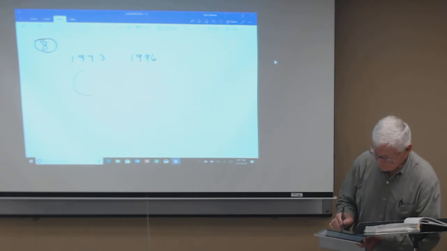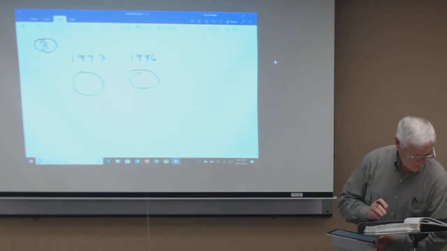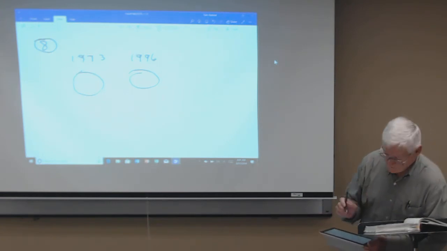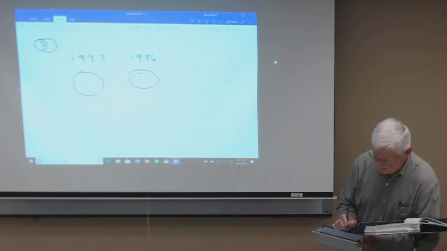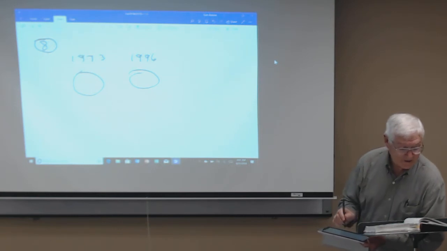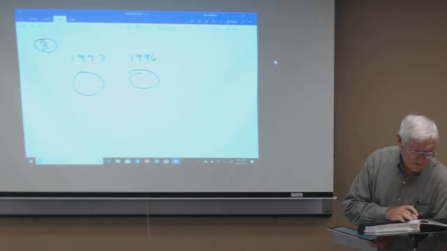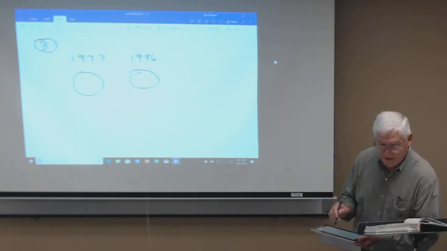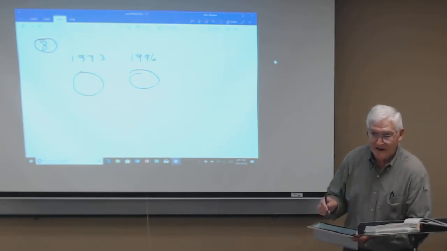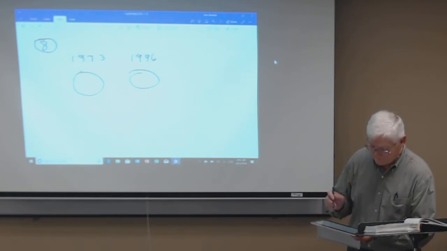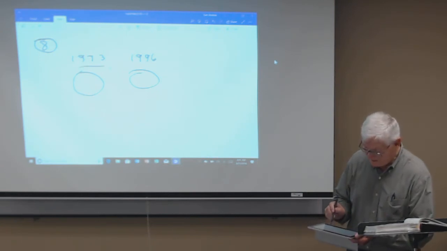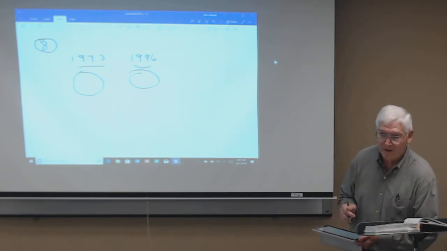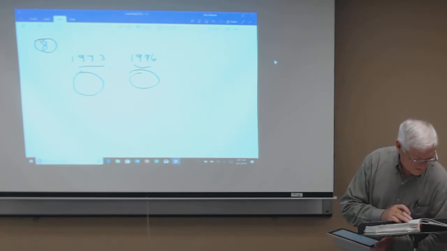Two charts. One of them says 1973, one has 1996 written above it. Do you see how I write some stuff on the paper to help remind me that I'm looking at two different charts? 73 and 96. That's part of showing your work.